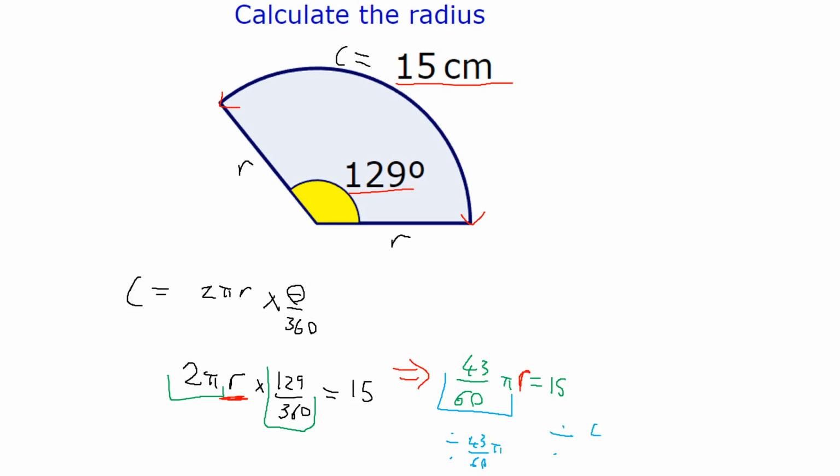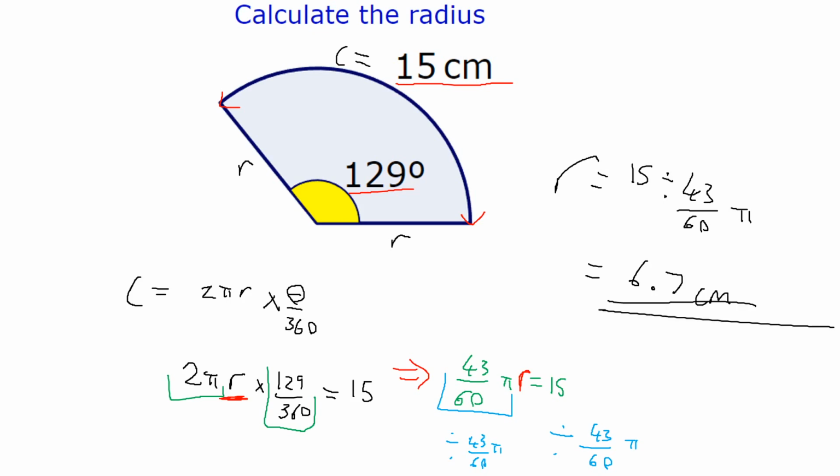So r is going to be equal to 15 divided by 43 over 60 pi. And so we're left with 6.7 centimeters.